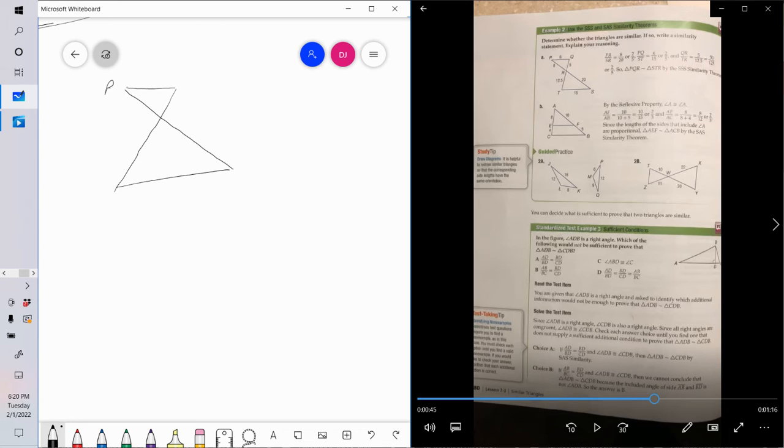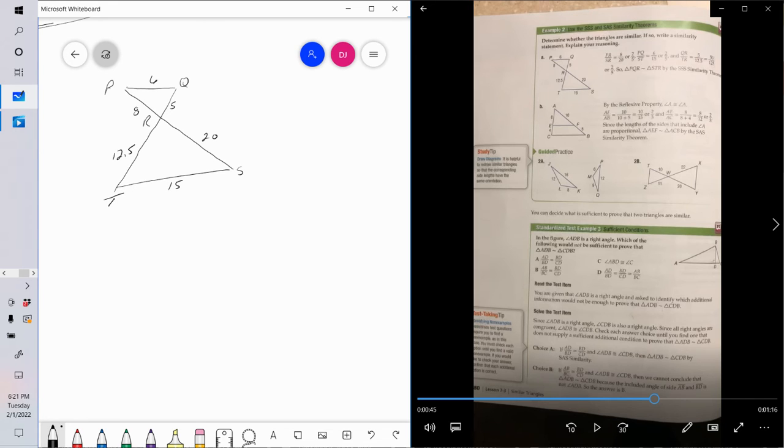Angle P, Q, R, S, and T. It's quite a T. What do we know? We know that PQ is 6. We know that PR is 8 and QR is 5. We know that RT is 12.5. We know that RS is 20. And we know that TS is 15.